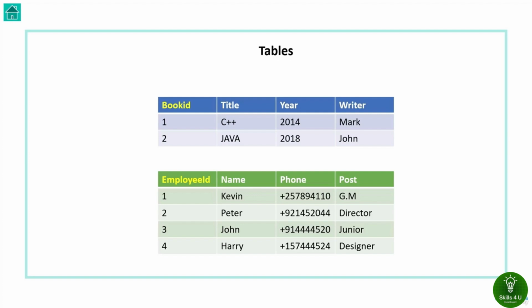The data in this column will inform us on the author for each book. In the employees table, the column starting with phone gives us the phone number associated to each employee. This is what we call data relationships. There are three basic relationships in a database, which we will discuss right after.